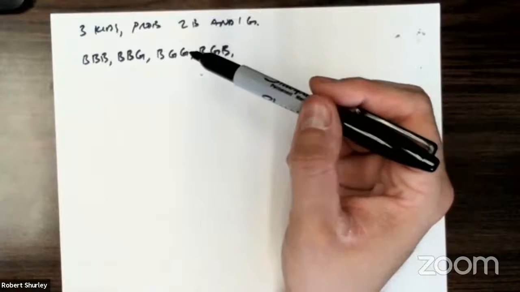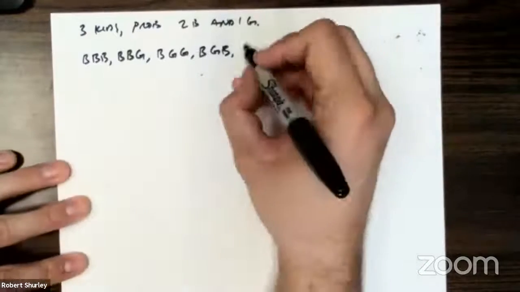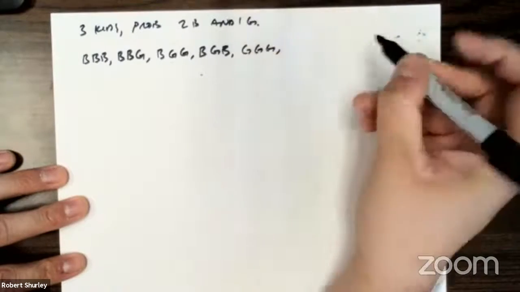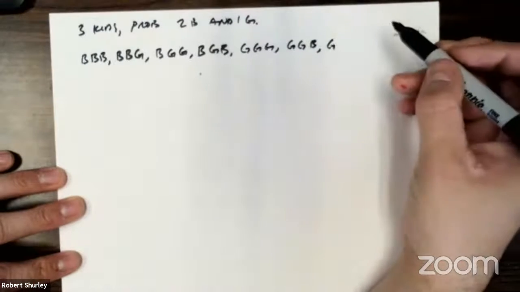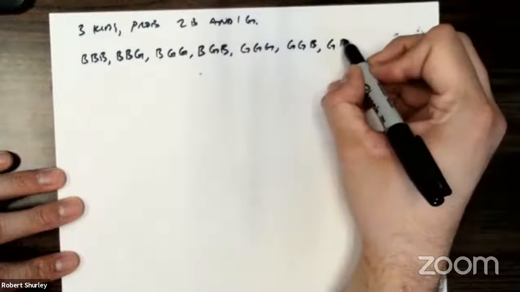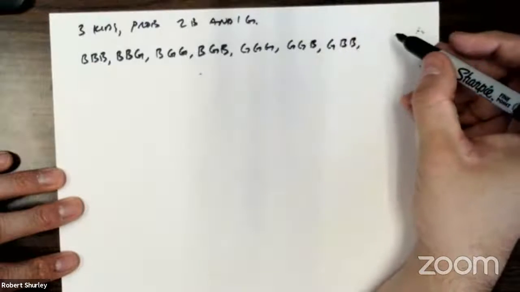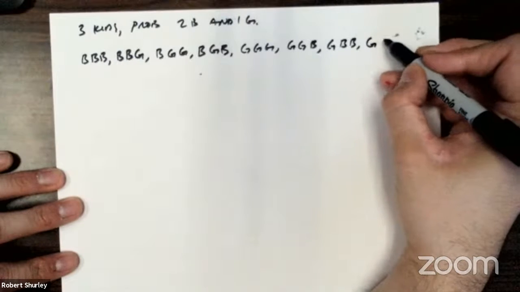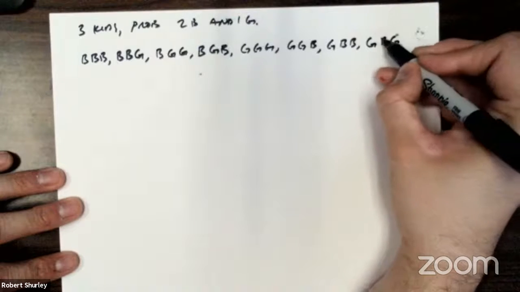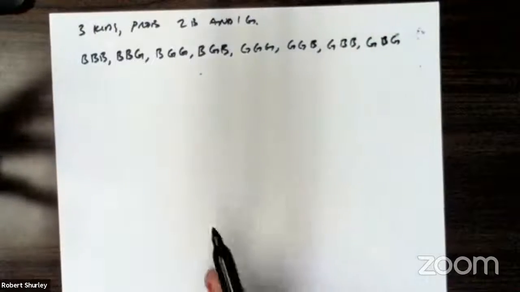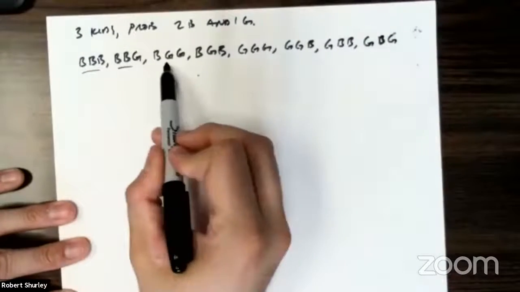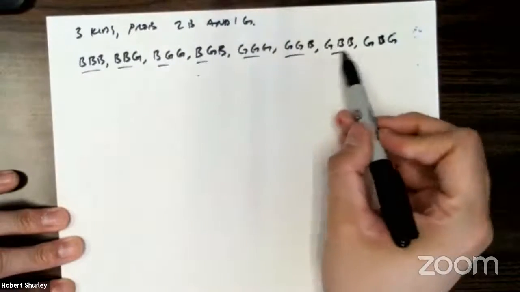And then we could have 3 girls, right? We could have 2 girls and a boy. We could have a girl, 2 boys. We could have a girl, a boy, and a girl. I think these are all the different ways you could have kids if you have 3 kids, okay? 1, 2, 3, 4, 5, 6, 7, 8.